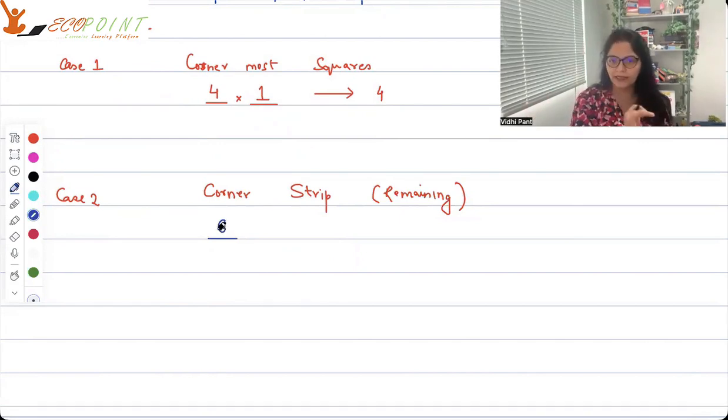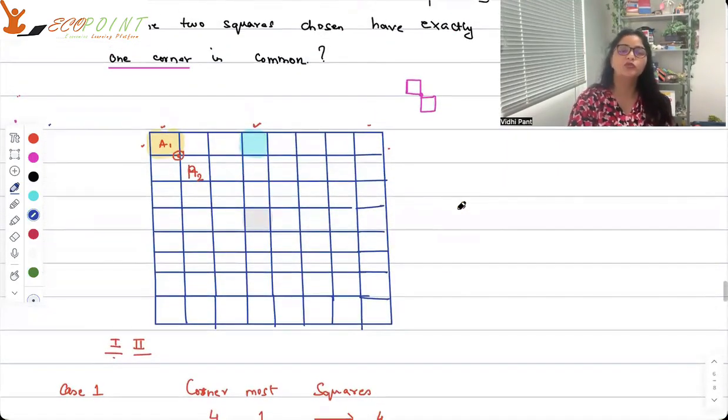If my first square is one of these on the corner strip, how many options do I have for the second?